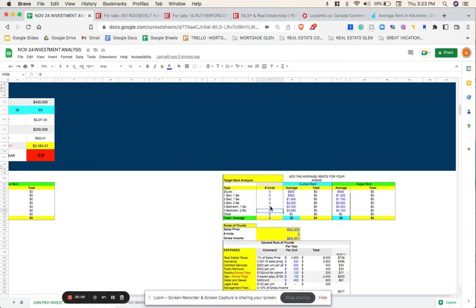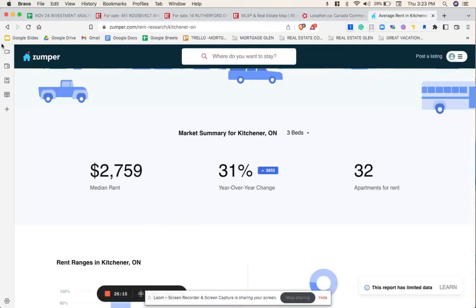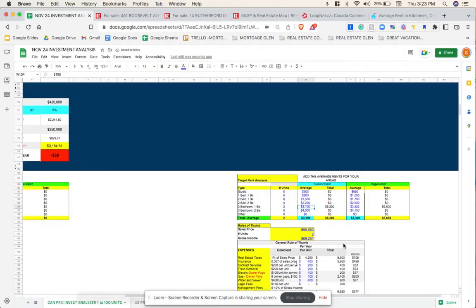It's 2 units, right? And we said it was 27.59, right? So we're gonna put in 27.59. At enter, it automatically calculates what it is per month. Yeah, so total rent is $518.